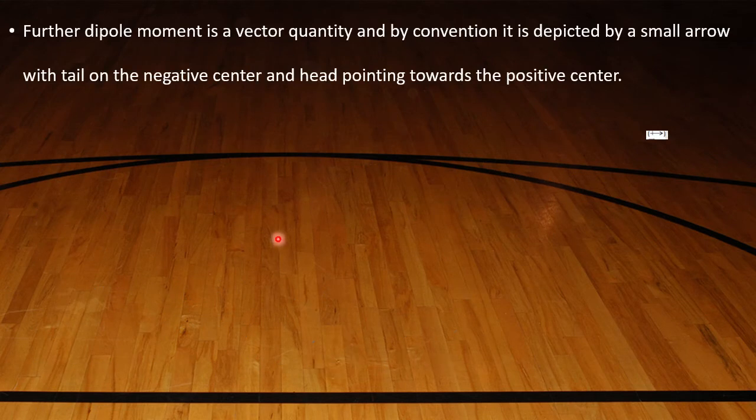Further, dipole moment is a vector quantity. Once again, physics knowledge: a quantity which has a direction and a magnitude is called a vector quantity. Because dipole moment has both magnitude and direction, it is a vector quantity. By convention, it is depicted by a small arrow with the tail on the negative center and the head pointing towards the positive center.